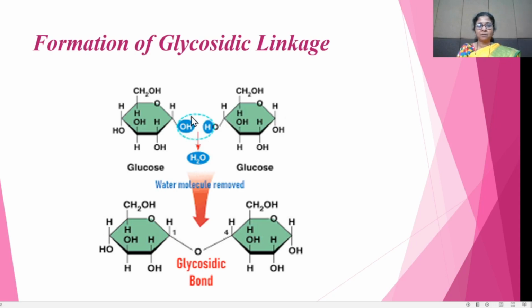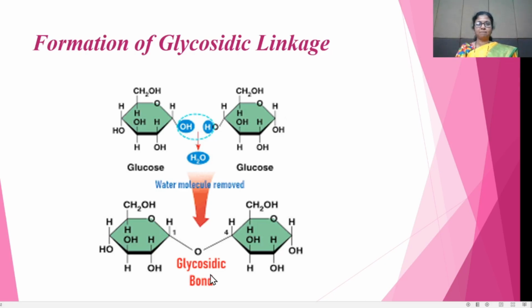The water molecule is removed from this carbon number 1, the anomeric carbon atom, and this carbon number 4. In this way, H2O is removed and the glycosidic linkage, the glycosidic bond, is formed. These two molecules are linked by this oxygen atom. This type of linkage is called the glycosidic linkage.